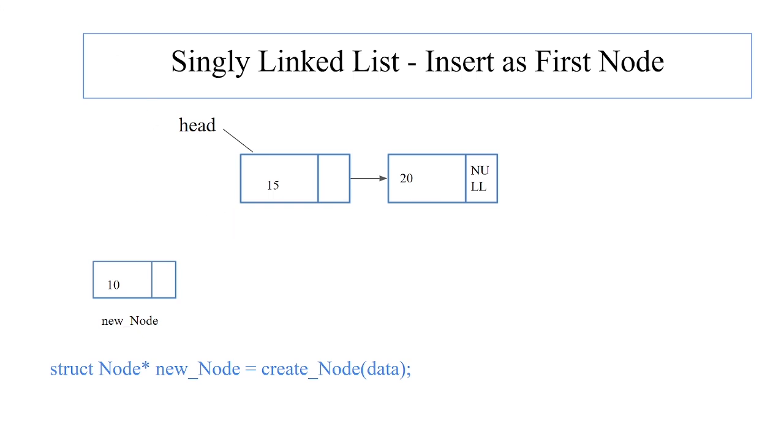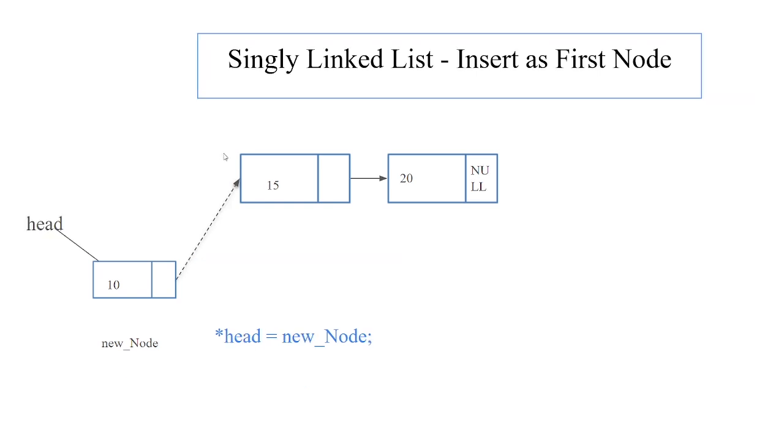Now first we change the new node's next field to the address of the head. After that, we change the new node to be the head node.